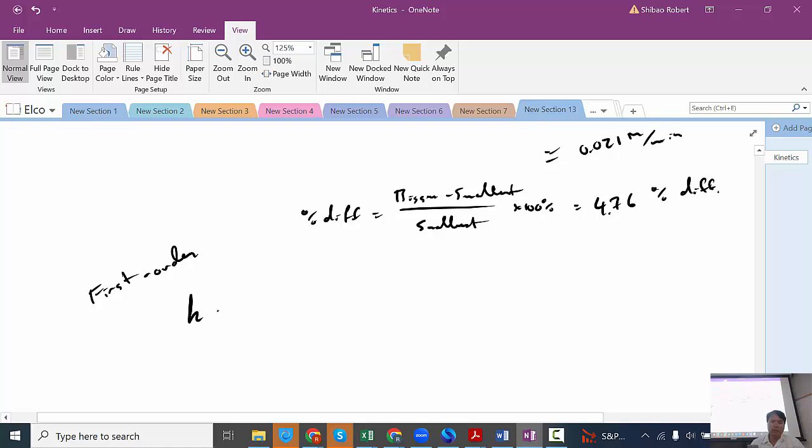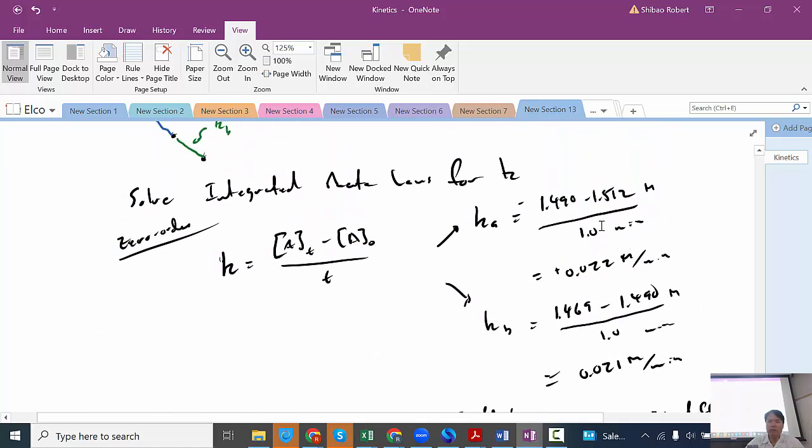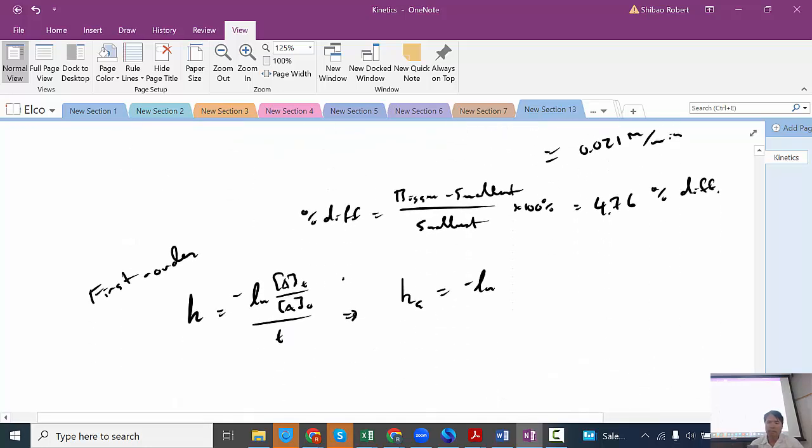And so K, just rearranging it, is going to be equal to minus ln of A at time t over A initial, or A0, divided by t, the time interval. So let's go on to Ka. Ka is minus ln of A at time t, which was 1.49, over A at time 0, which is 1.512, divided by t, which is 1.0 minutes.